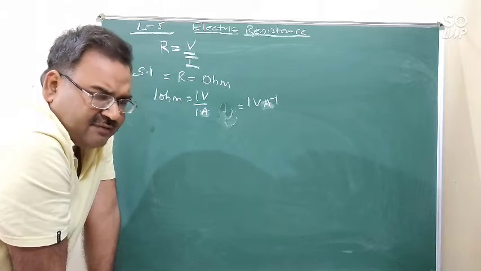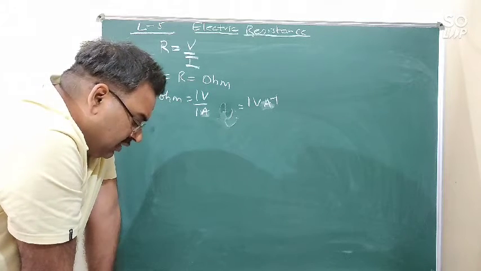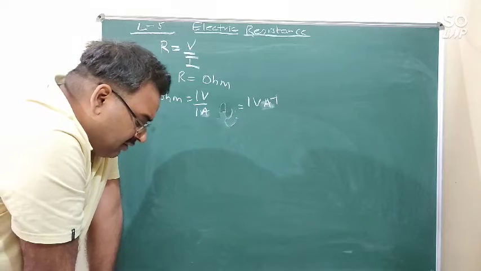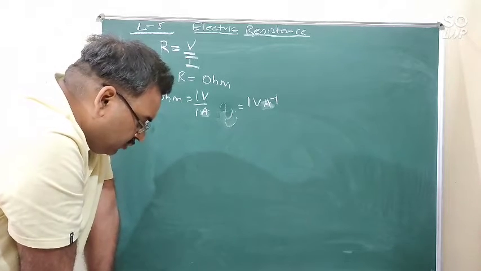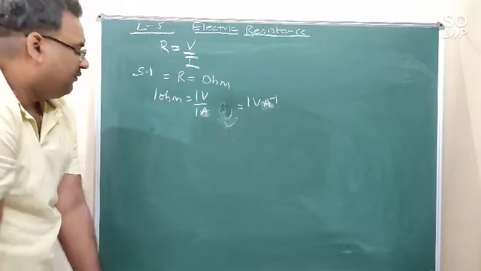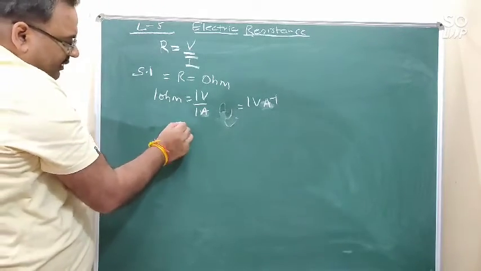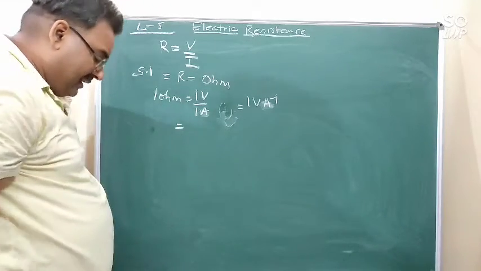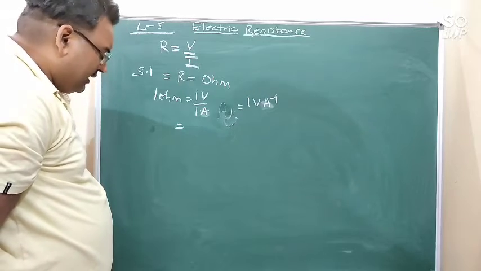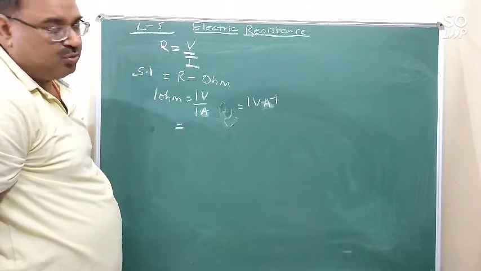Then the fundamental units and dimensions of resistance. So ohm is equal to volt upon ampere. Now volt can be written as joule per coulomb.